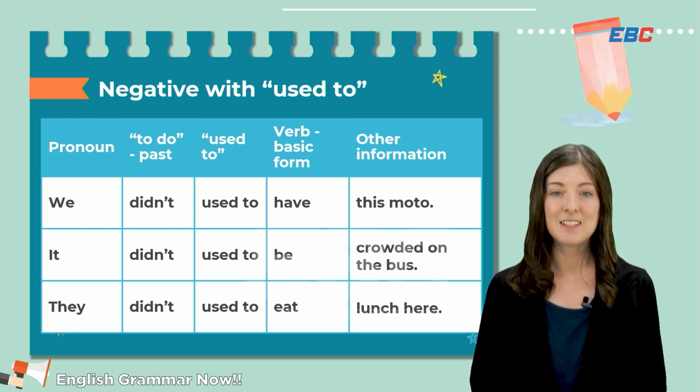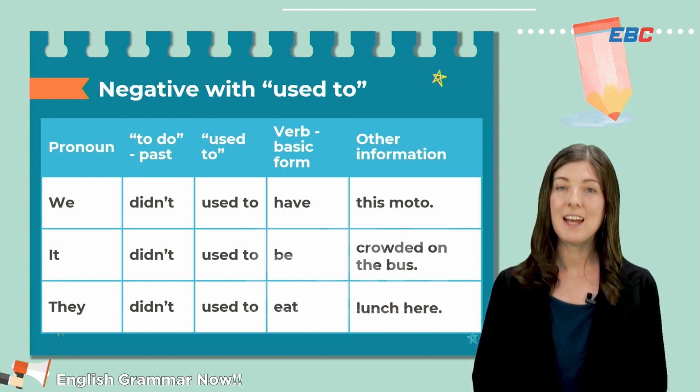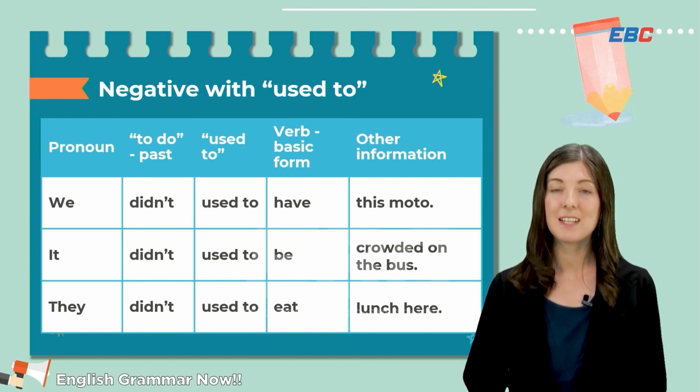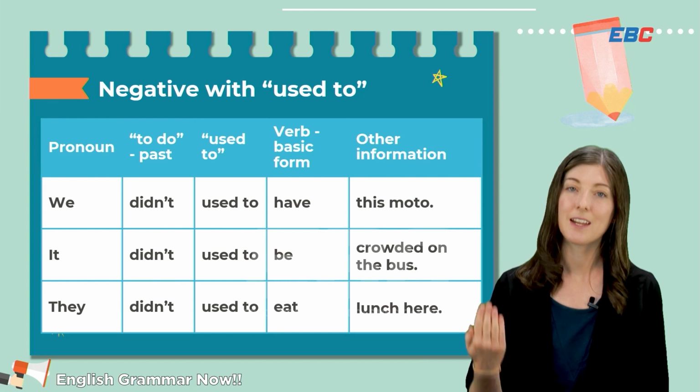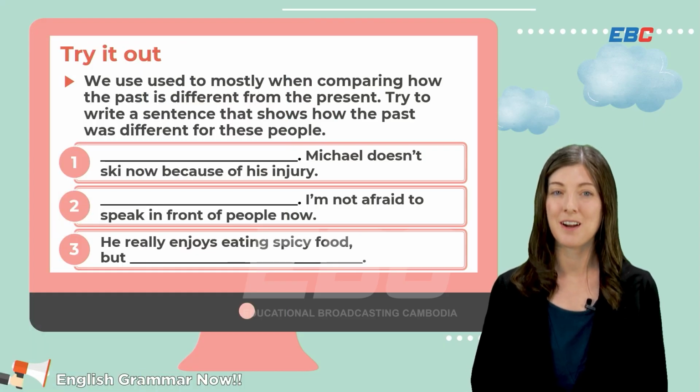They didn't used to eat lunch here. So the negative, not, gets combined with the to-do verb. Remember, the to-do verb has to be in the past because our whole sentence is talking about something that happened in the past. Here's something for you to try.